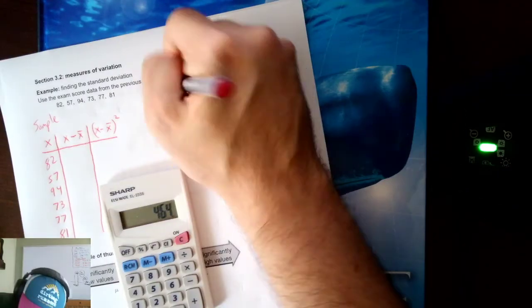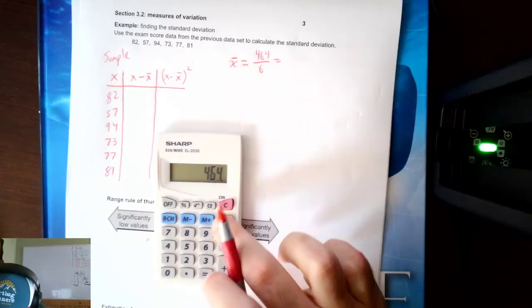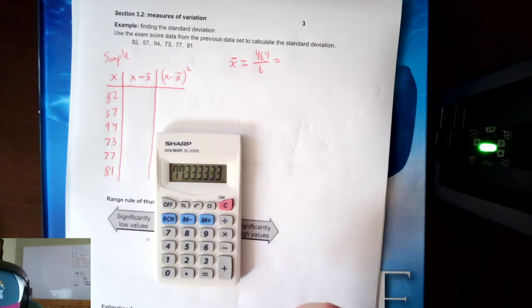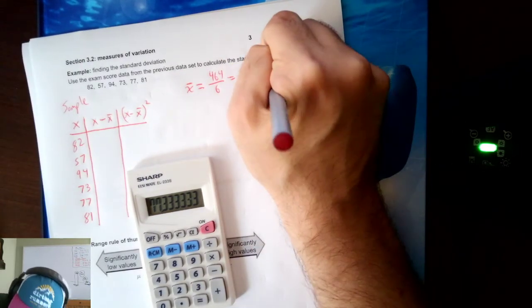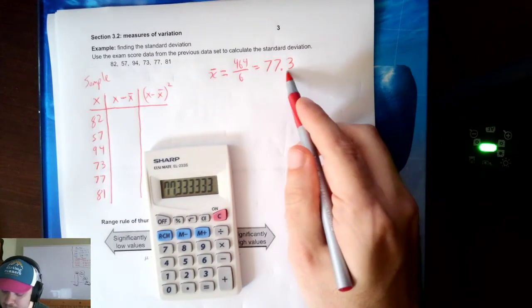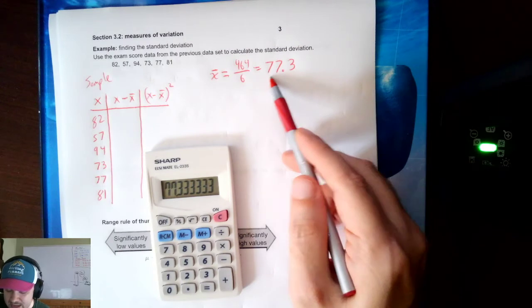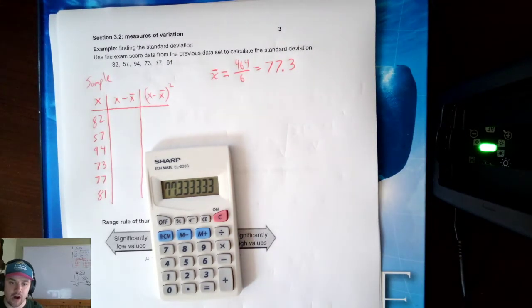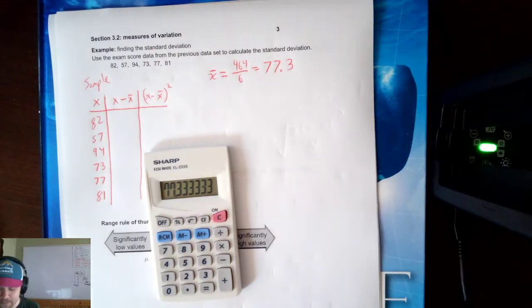So 464 divided by 6 gives me 77.3. Remember, the mean is always one more decimal place than the original data. So I round to one place because these were whole numbers.